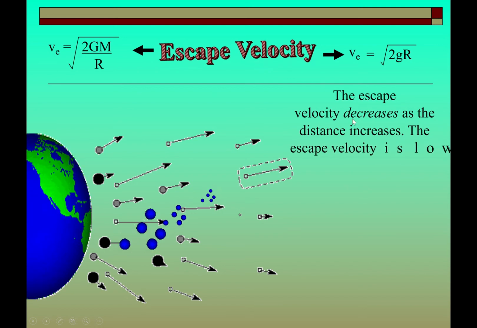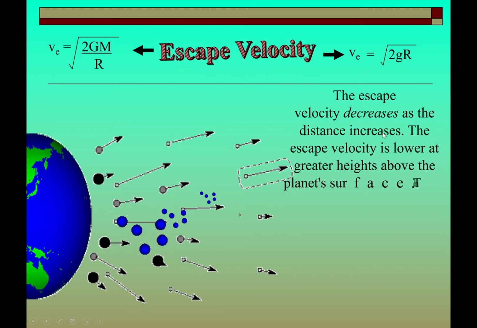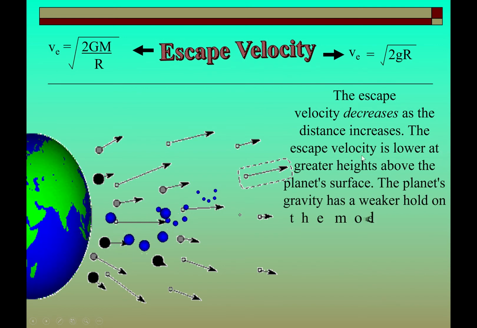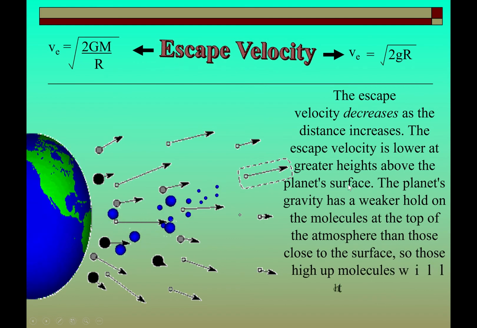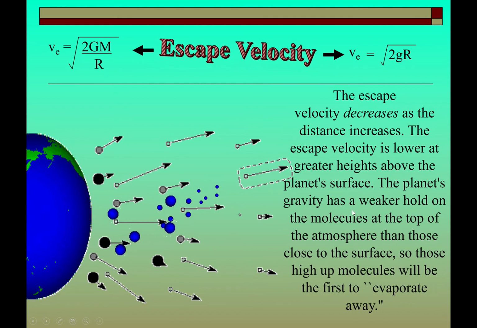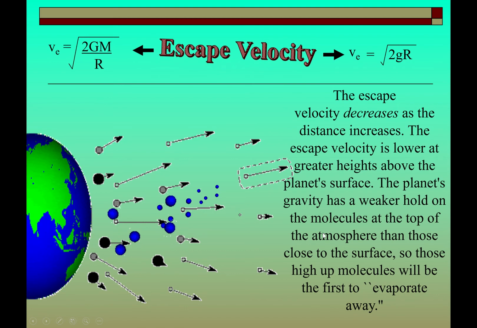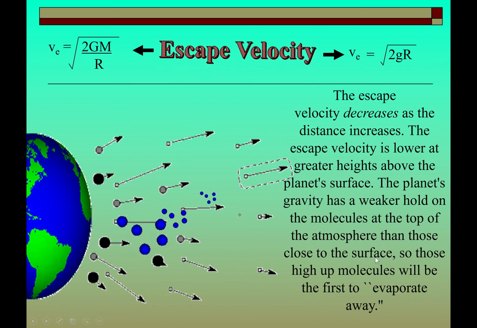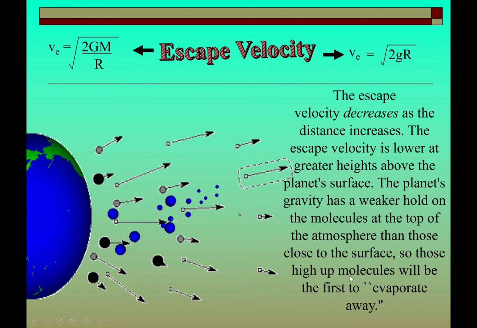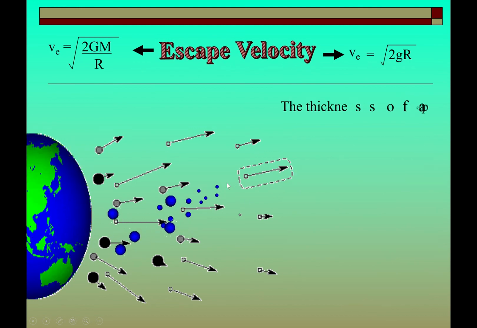So the escape velocity decreases as the distance increases. The escape velocity is lower at greater heights above the planet's surface. The planet's gravity has a weaker hold on the molecules at the top of the atmosphere than those close to the surface. So, those high up molecules will be the first to evaporate away.